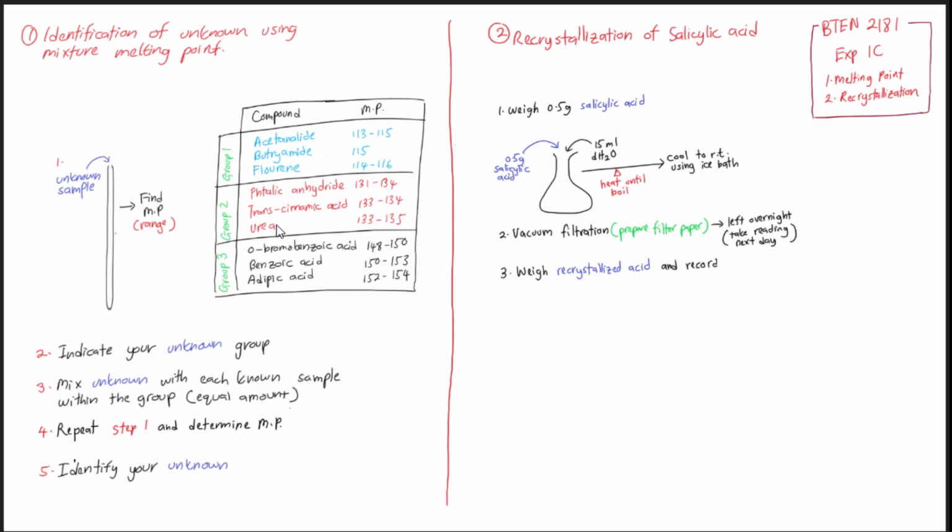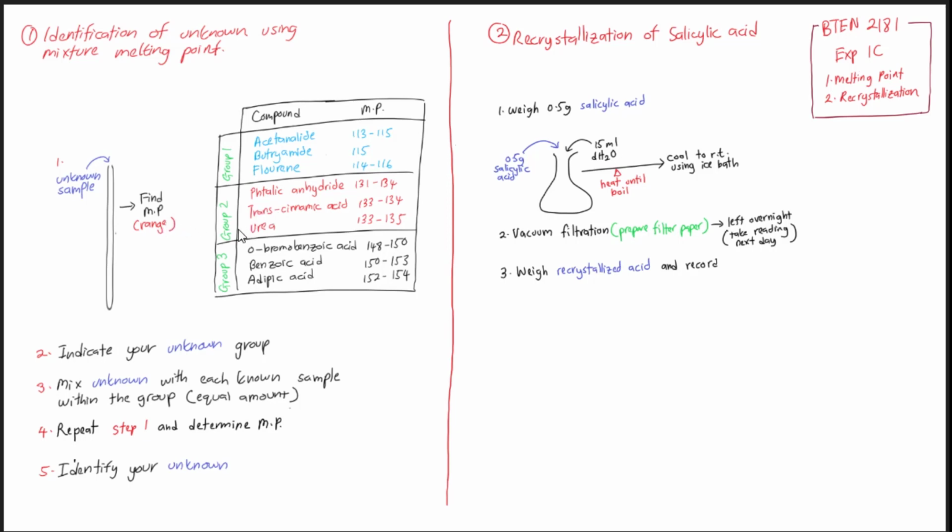To confirm it, you need to combine your unknown with each substance in the group. For example, the unknown plus phthalic, the unknown plus cinnamic, the unknown plus urea.